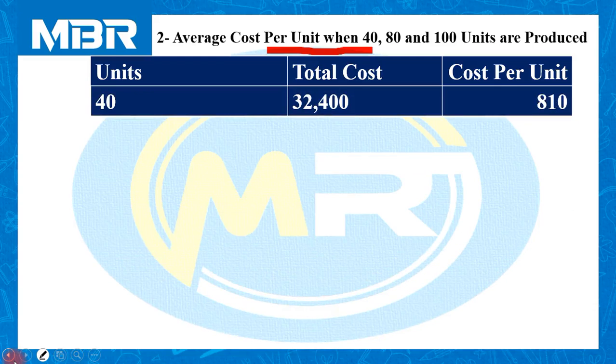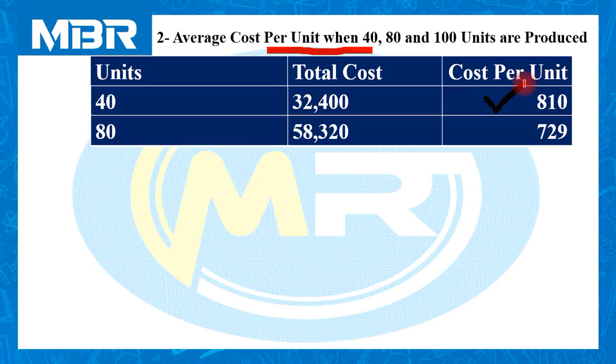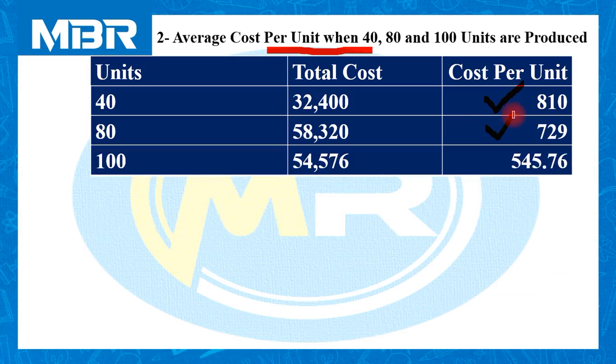Units 40, total cost of manufacturing 40 units 32,400, and cost per unit is rupees 810. Then 80 units, total cost 58,320 rupees, per unit cost 729, and last, 100 units, total cost to manufacture 100 units is 54,576.